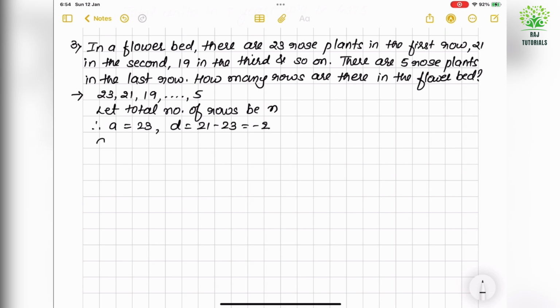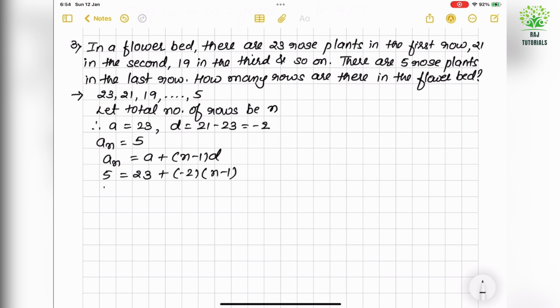So, An will be equal to 5. According to the formula, An equal to A plus n minus 1 D. So An is 5, A is 23 plus D is minus 2 into n minus 1.